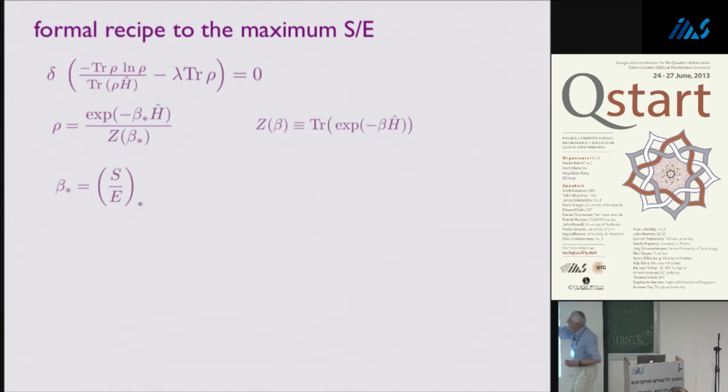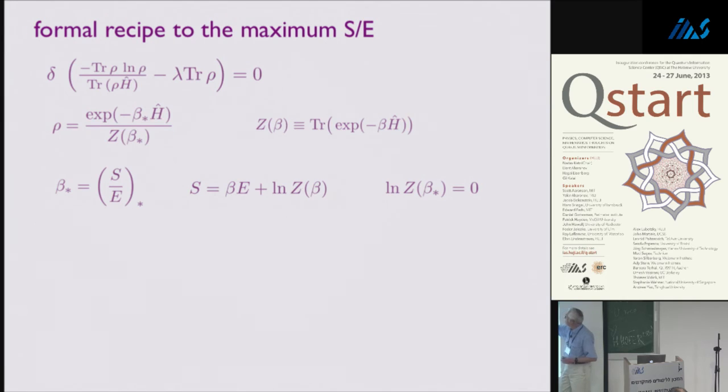Beta star happens to be the extreme value of S over E. That is a very strange canonical distribution, with a temperature which is defined by the extreme value of S over E. The question is, how do you get that? You combine with the formula for entropy, and you get a very simple formula. Beta star is the zero of the log of Z.